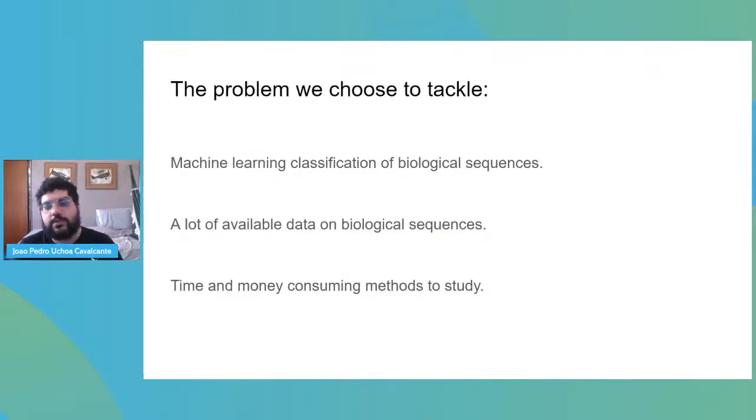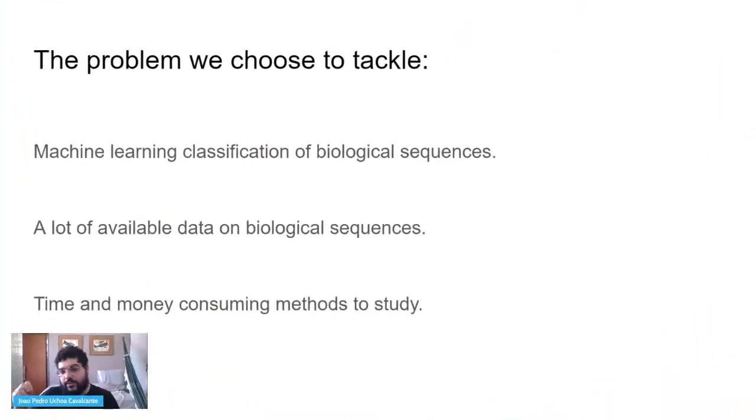First, I'd like to talk about what we are tackling. What is the problem that we suggested? It's a machine learning classification of biological sequences. By biological sequence, I mean any material or object that has DNA, RNA, or something that's a sequence based on AGCT, the classic biological basis.